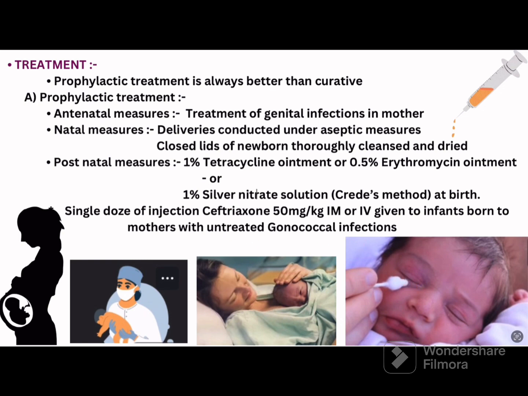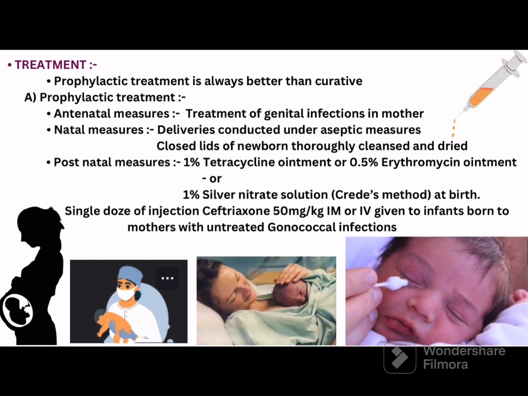Once the baby is born, you will give 1% tetracycline ointment or 0.5% erythromycin ointment or 1% silver nitrate solution into the eyes of babies immediately after birth. Or you can give a single dose of injection ceftriaxone 50 mg per kg IM or IV to infants born to mothers with untreated gonococcal infection.